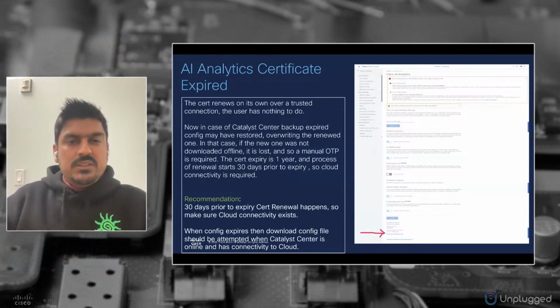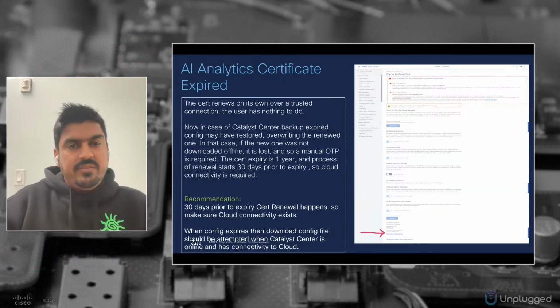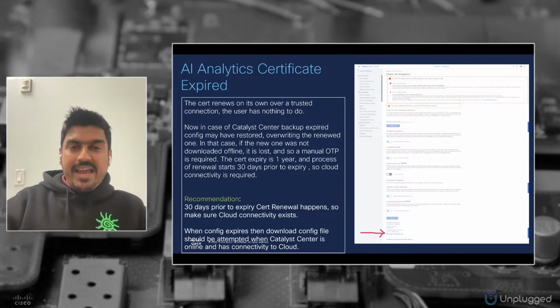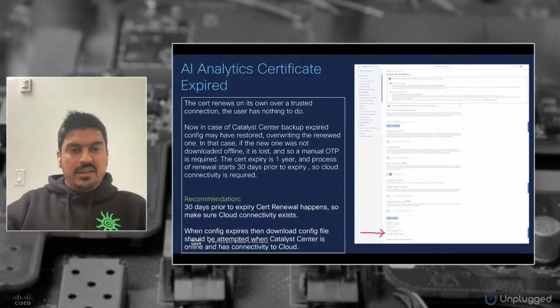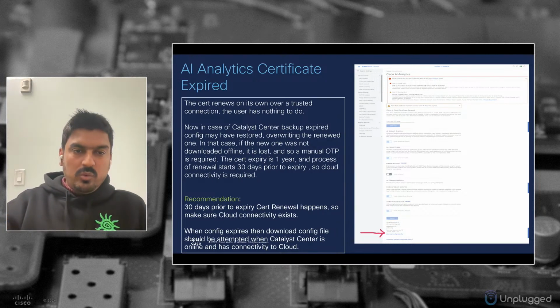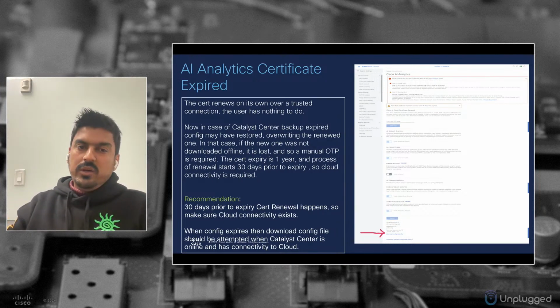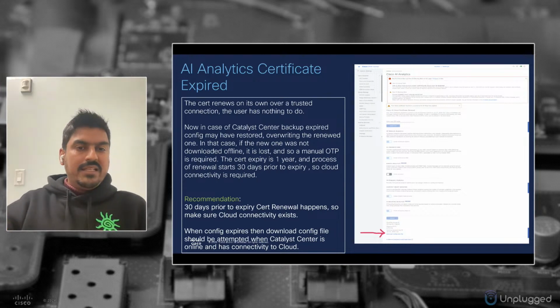Thanks, Kevin. This is a very common problem that we see very often on Catalyst Center: the AI analytics certificate has expired. The certificate renews on its own over a trusted connection with the cloud, so the user has nothing to do. However, there are exceptions.